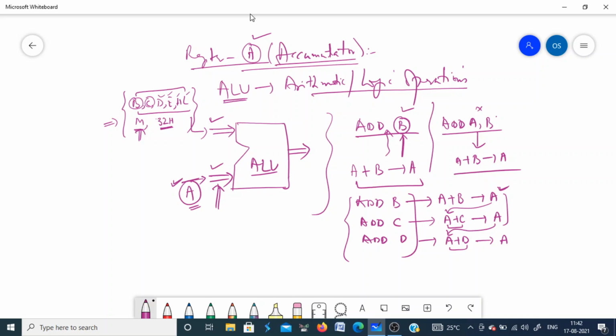It accumulates the data. As you go on using arithmetic operations like addition, the data gets accumulated in register A. This is why we call it the accumulator. It is used to accumulate the data.